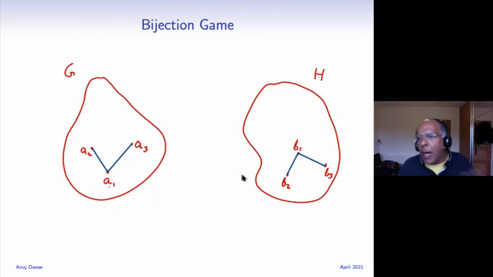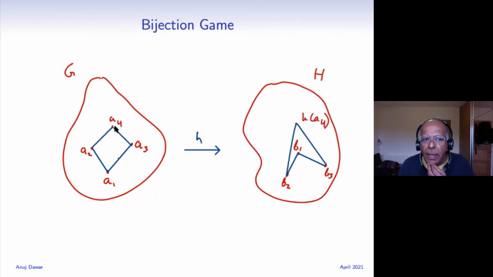Spoiler says we're now going to place A4, and duplicator has to give a bijection h on the whole graphs. And then spoiler chooses some element, A4, and its image h(A4). And now there's a pebble on A4 and h(A4), and this local isomorphism condition has to be preserved.